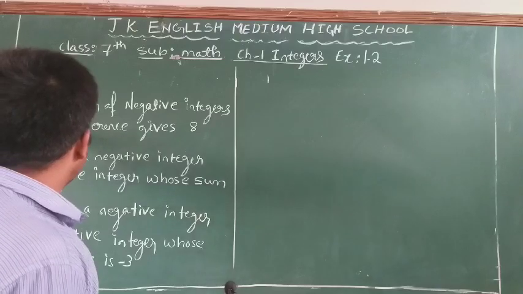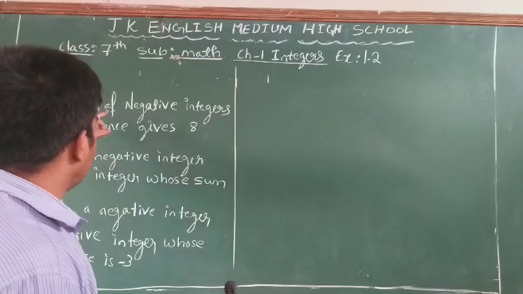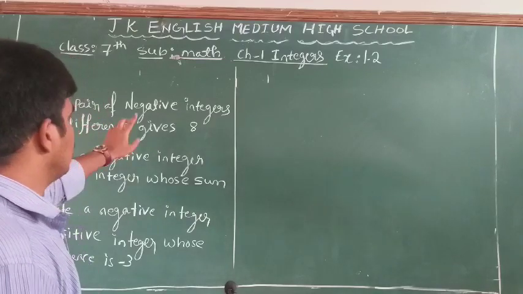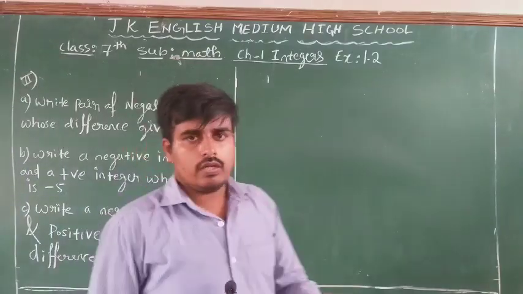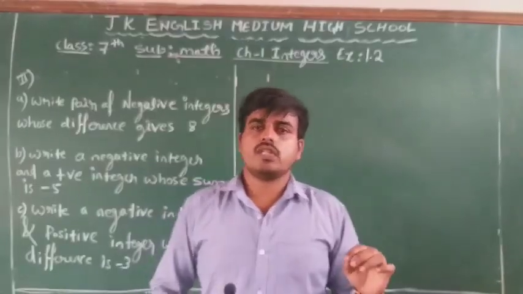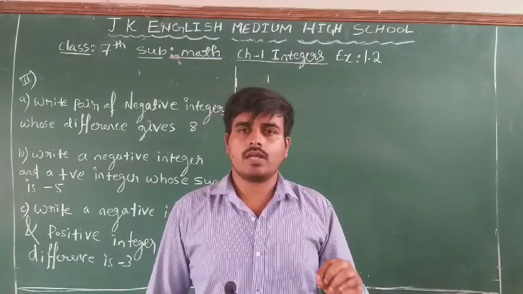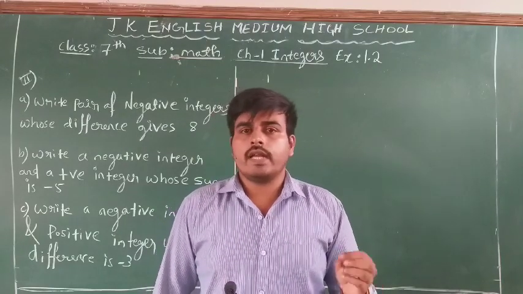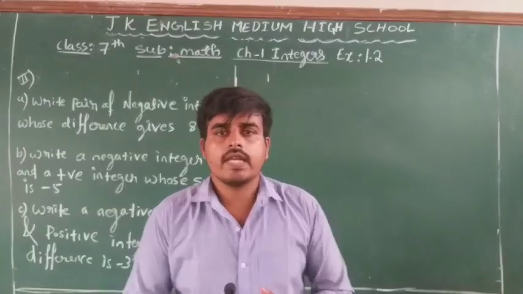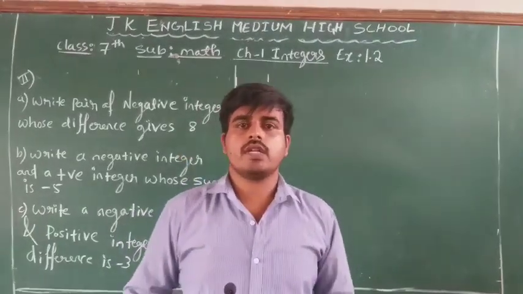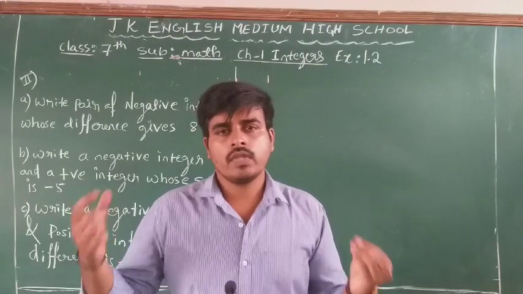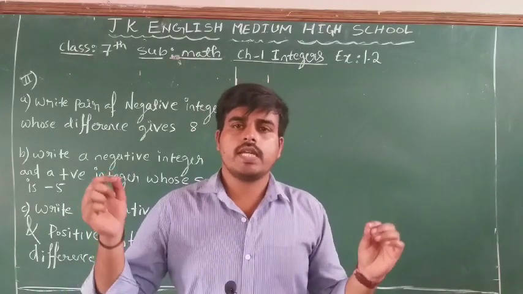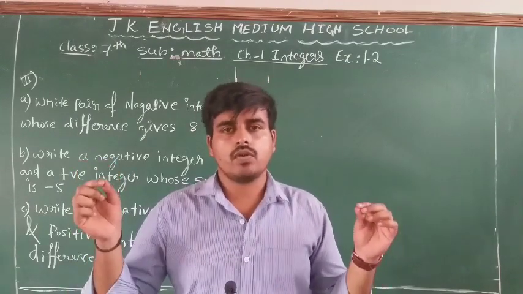Second main, A question: write a pair of negative integers whose difference gives 8. Now yesterday there was only a single condition, sum is plus 8, difference is minus 7, and they were not giving any direction to use negative or positive integers. You can choose any integer, but you must get that sum or difference.